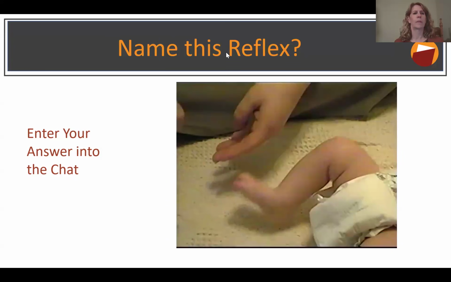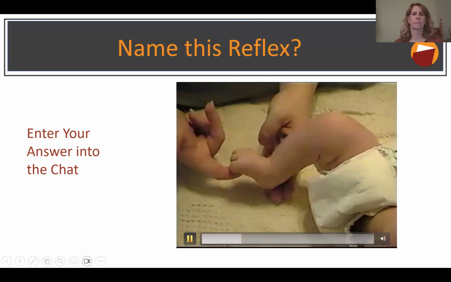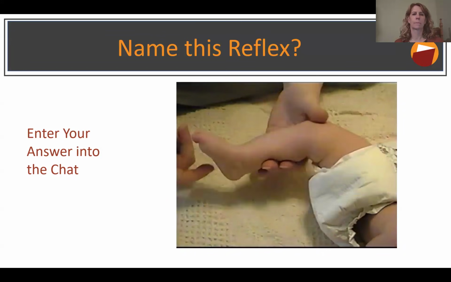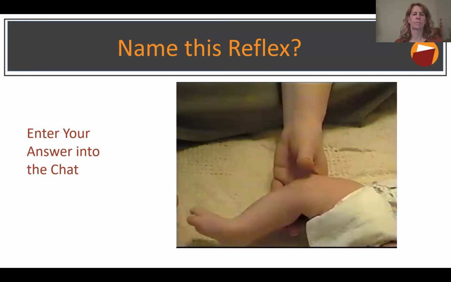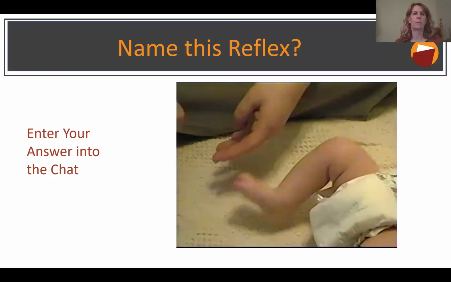Okay, we've got people saying Babinski. All right, what else are you seeing? Plantar grasp. Okay, one more. What else are you seeing? Not stepping. Stepping would be, we're going to see that when we put them in weight bearing, but that's close.